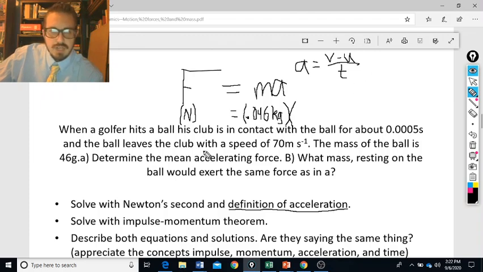The initial velocity can be understood in this problem as 0 because the ball is just resting there on the tee. It leaves at a final velocity of 70 meters per second. And so the change in velocity is 70 meters per second, final velocity minus 0, or just 70, but for completion's sake, I'll write out the working. Now it's in contact for 0.0005 seconds.